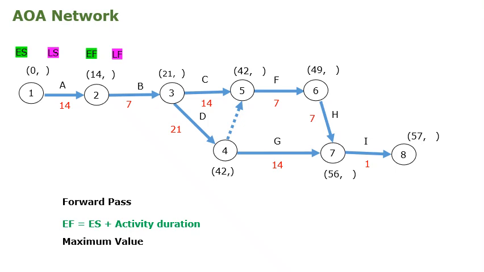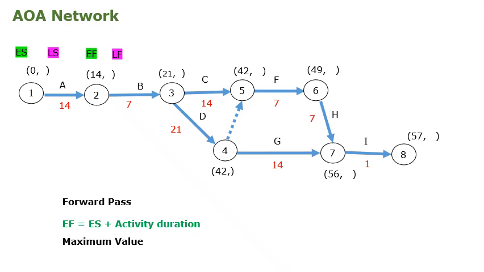Using the forward pass, we can calculate all the early finish times. When we progress from activity A, 0 plus duration 14, so the early finish of activity A will be 14. Similarly, at B, 14 plus 7, 21. Then at C, 21 plus 14, it is 35.